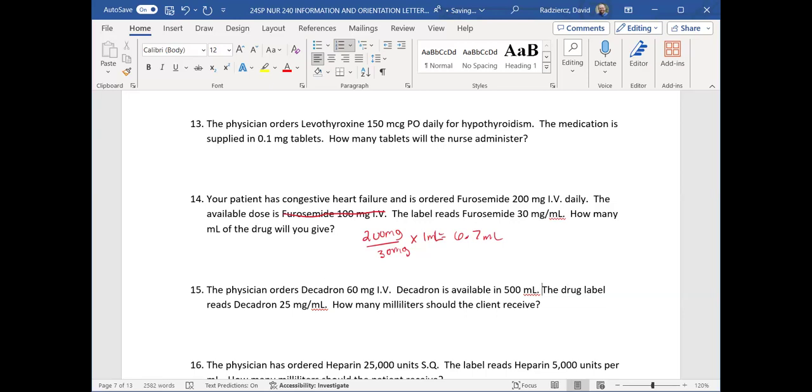And in order to get to milliliters, you have to know milligrams or micrograms or units per milliliter. You need that information in order to make that conversion. If I look at this, let's say I use the 100, what am I going to do with it? 200 milligrams divided by 100 milligrams, and then I just have two what?